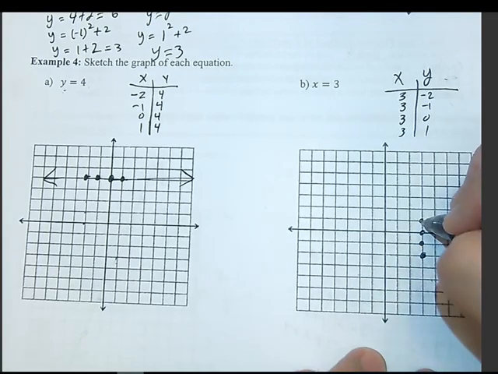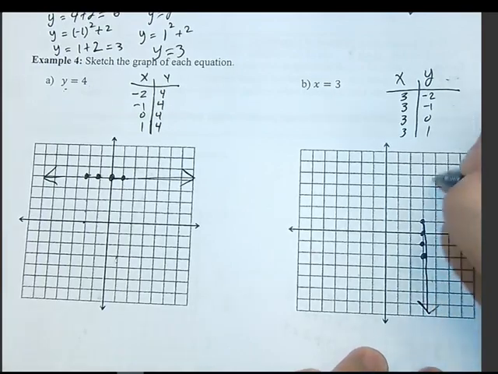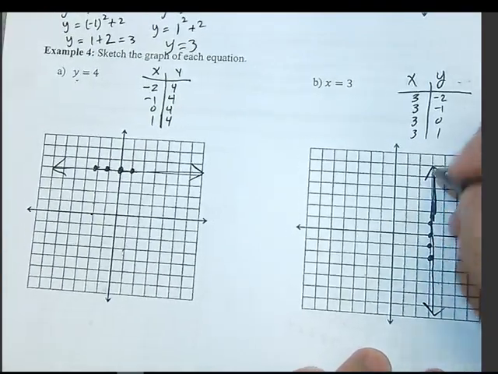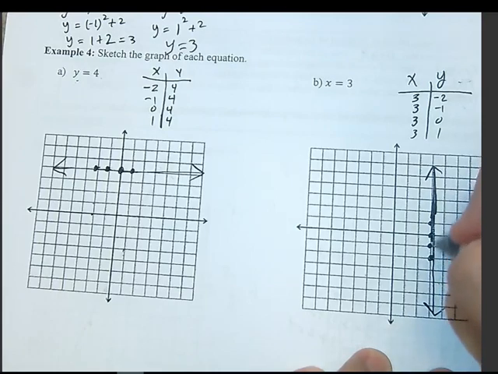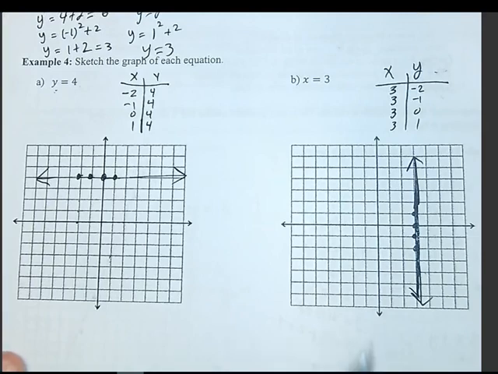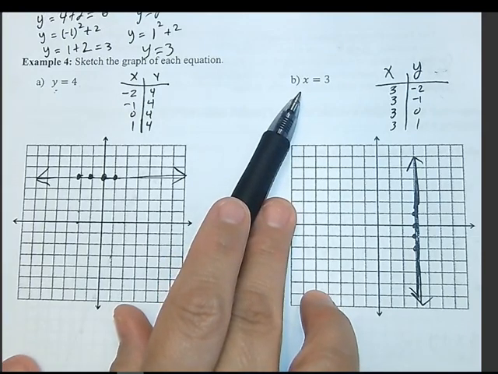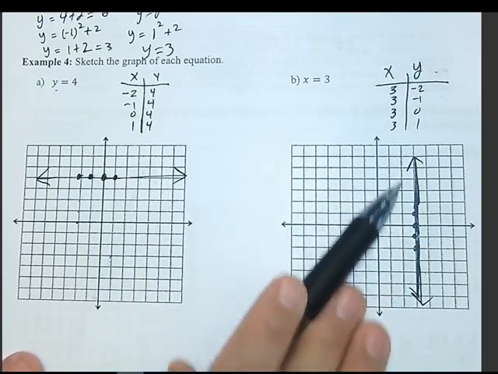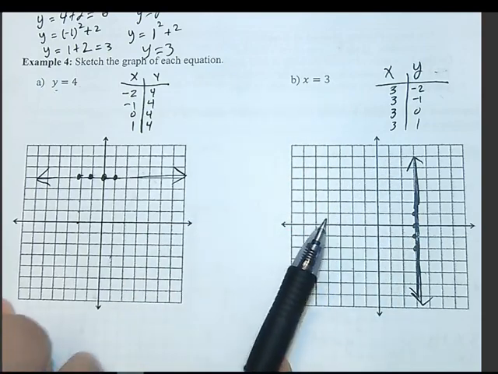So this becomes a vertical line. And so anytime you have an equation such as this, where you have x is equal to some number, a constant, then you're going to have a vertical line.